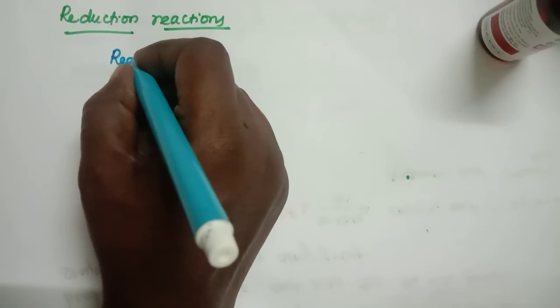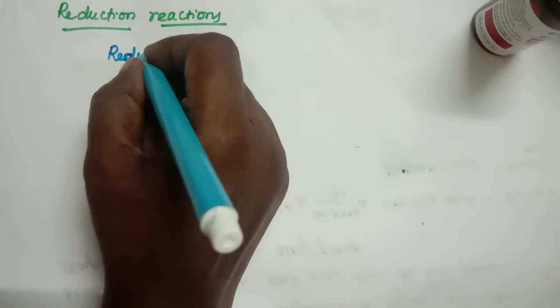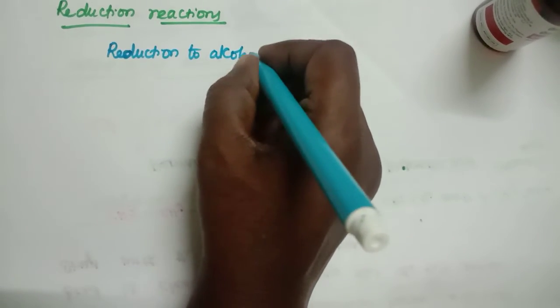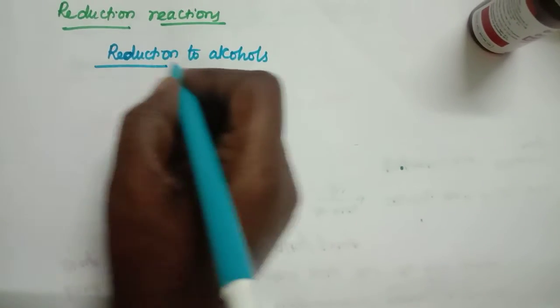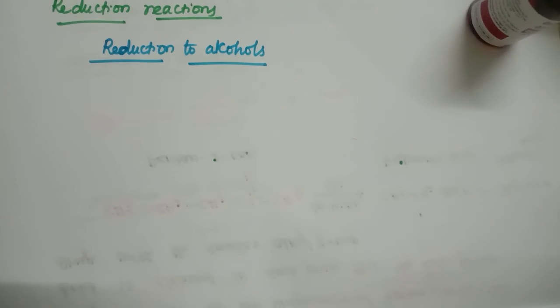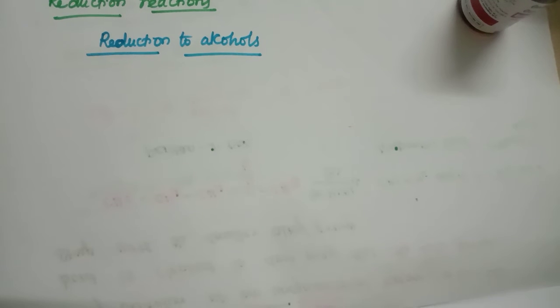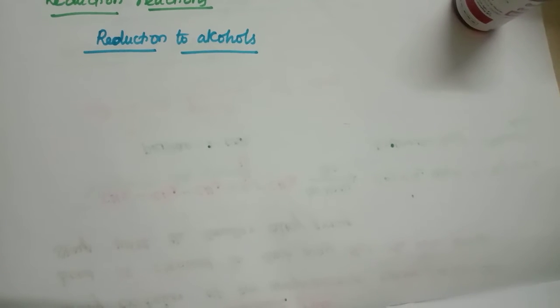First one is reduction to alcohol. Aldehydes are reduced to primary alcohols and ketones are reduced to secondary alcohols.